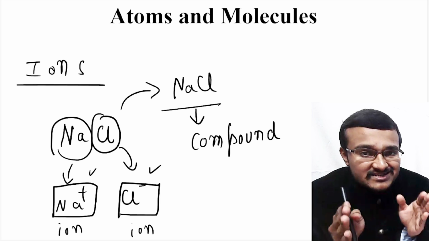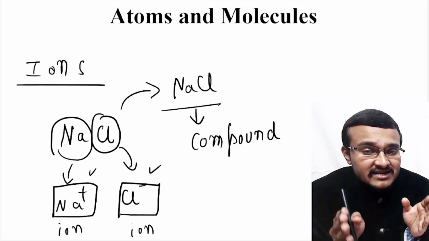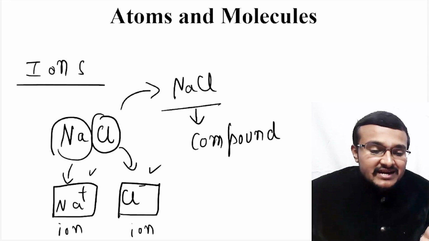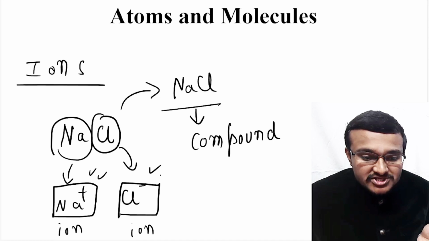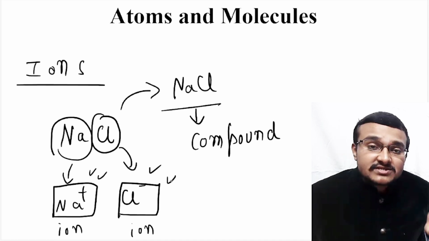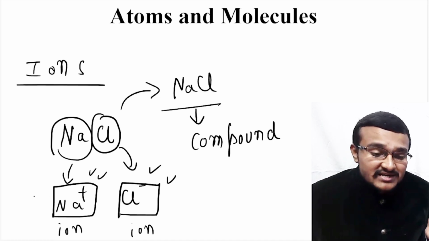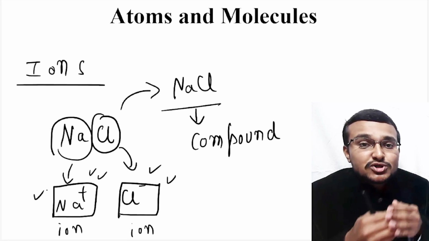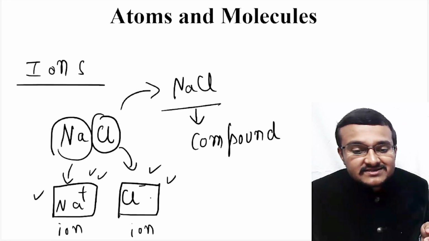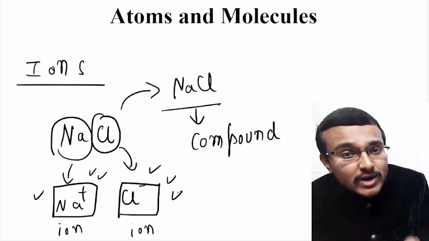But when you split NaCl in a chemical system, you will get a positive charge on Na and a negative charge on Cl. At that time Na+ can be known as a positive ion and Cl- as a negative ion.